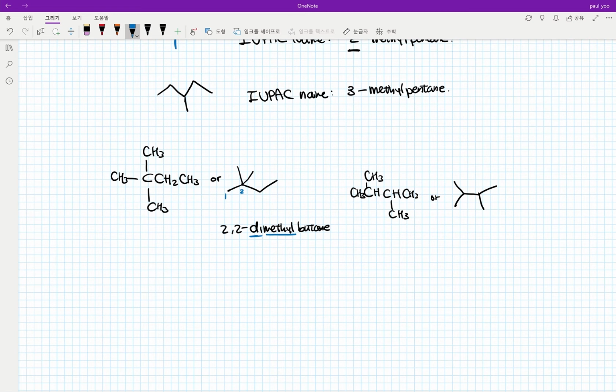That di represents 2, tri later will represent 3 of the same substituents, and tetra will represent 4. This compound will be named 2,3-dimethylbutane because it has the longest chain and substituents at each of the second and third carbons.